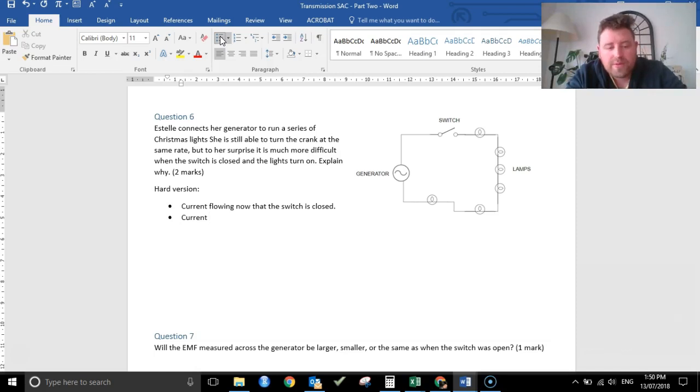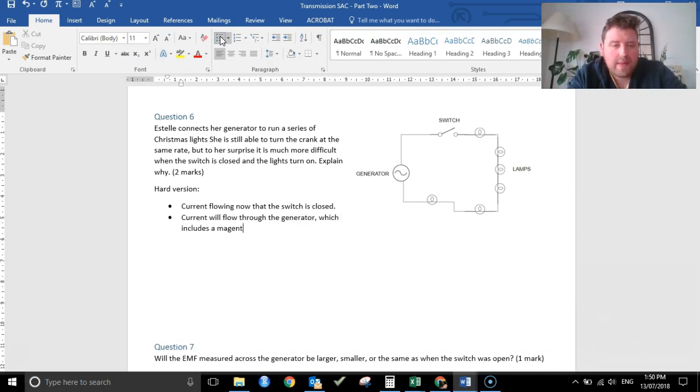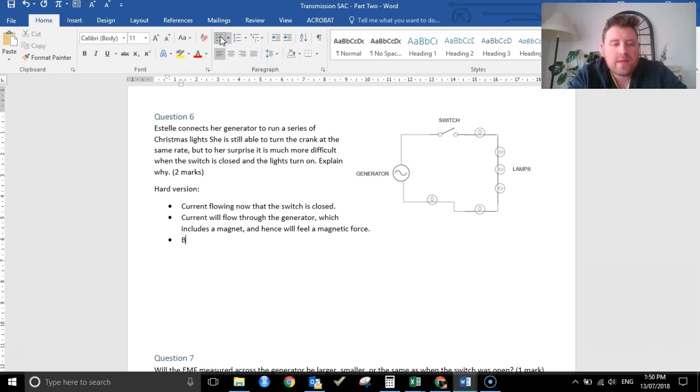The current will be flowing through the generator, which includes a magnet, and hence we'll feel a magnetic force, right?